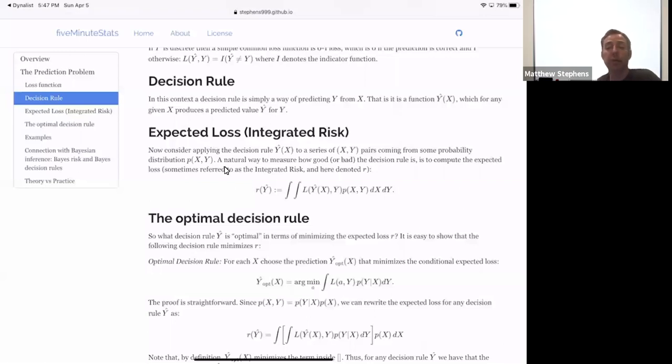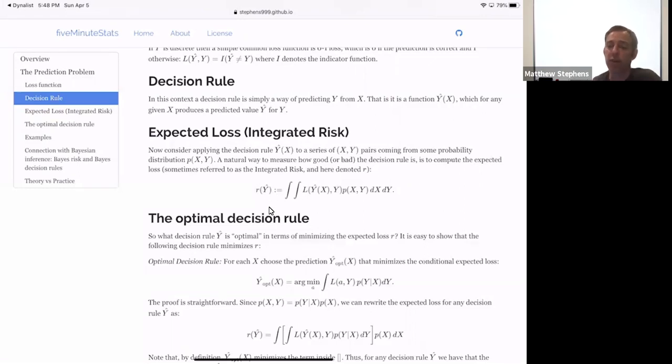So what's the average loss going to be if we do that? Well, it's just an integral here, or if X and Y are discrete, this integral just becomes a sum. It's integrating over the set of examples, P of X, Y, of the loss, the expected loss, where you're thinking about this as a function of y hat.